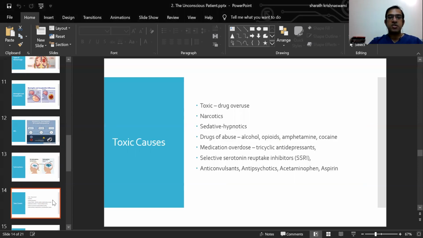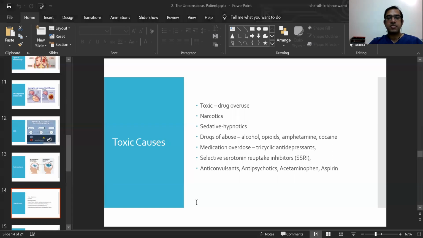Now moving on to the toxic causes for loss of consciousness. The other set of causes can be the result of ingestion of drugs. One of the possible drugs that drug addicts tend to misuse or overuse are opioids.